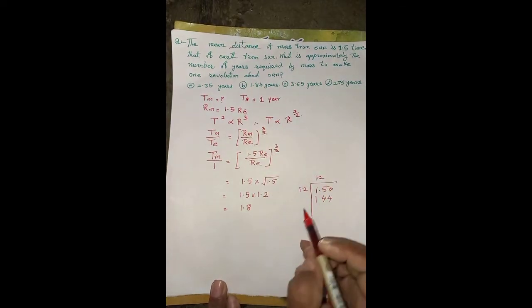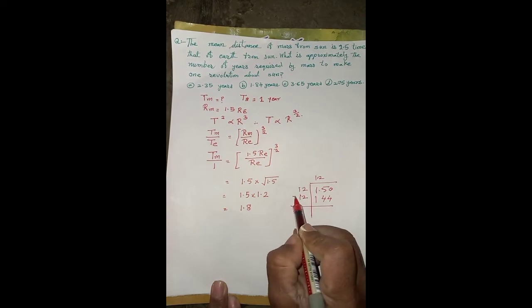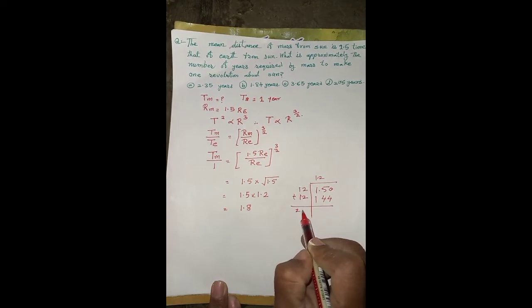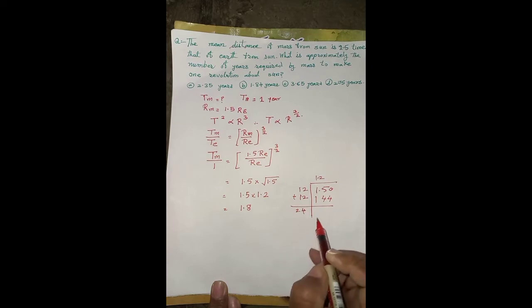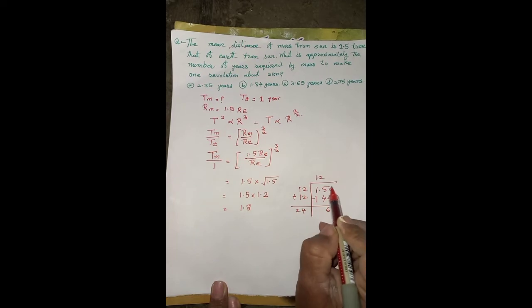If you solve the complete example, then 12 plus 12 is 24 and 150 minus 144 is 6.